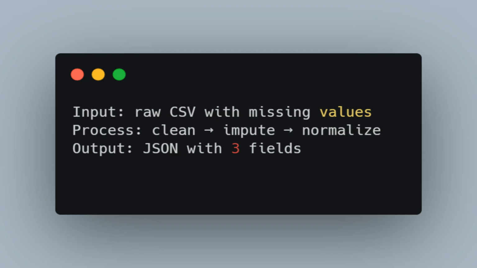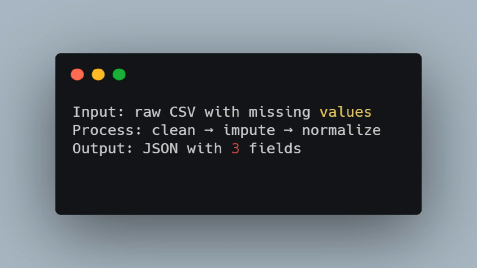Here you can see the input. What I type here is a simple thing, and I ask the process how the workflow should be. So I'm going to type clean, impute, normalize, and this is a workflow, and the output is going to be perfect. So JSON with 3 fields is my target, right?